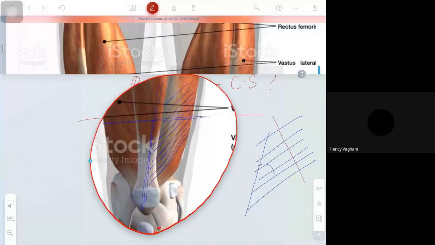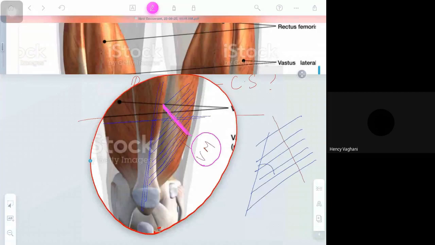I think you are clear. First, this is vastus medialis muscle. For vastus medialis, you have to measure the cross section in this direction.